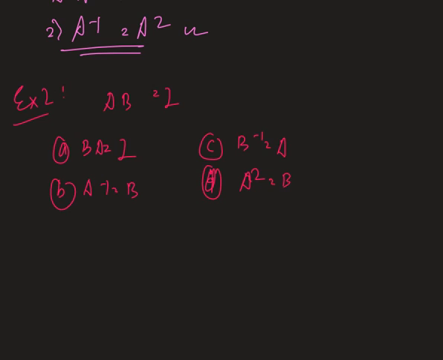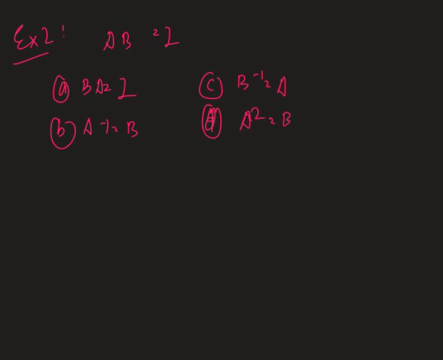As we know, AB equals I can be written as A inverse equals B. Therefore, this is correct. And BA equals I, so this is also correct.